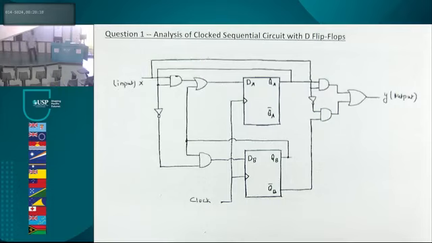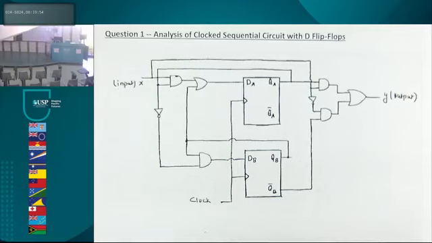The type of flip-flop we are using is D flip-flop. Over here I've labeled it DA, DB. Sometimes they label it Q1, Q2, or Q triangle, Q square, Q cross, Q circle. Whatever it is, you have 2 flip-flops here. I think we started off well.